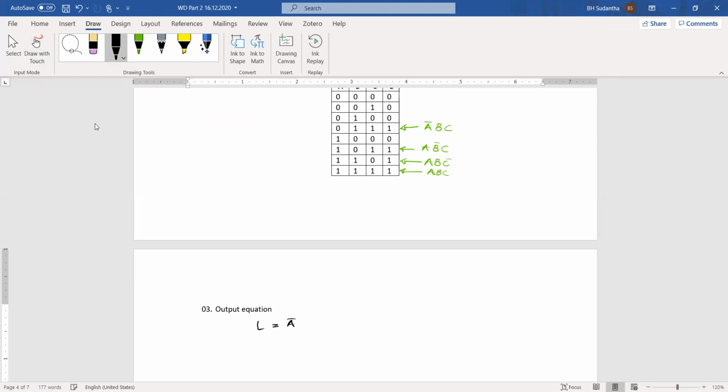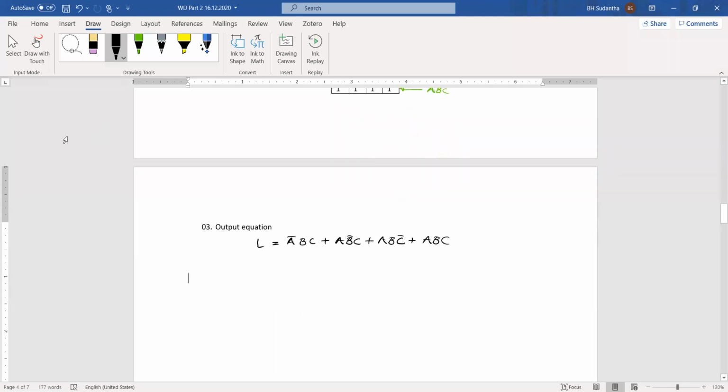L equals A bar B C plus A B bar C and A B C bar plus A B C. Then we can draw the circuit.